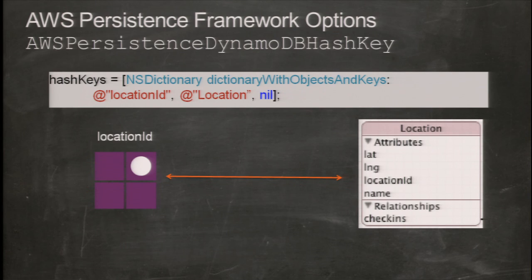So the most important option that we need here is our DynamoDB hash key. This is how we tell the AWS Persistence Framework what our index keys are for our tables. It's just another dictionary of hash key attribute to entity name. So our location ID is our hash key for the location entity.